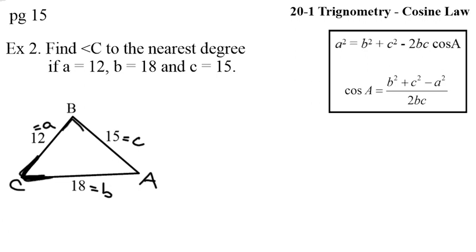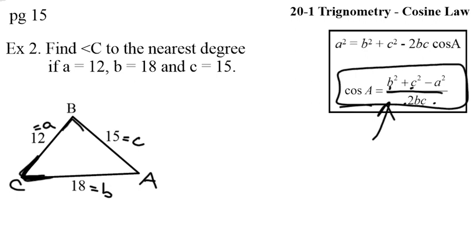Now again, trying to find an angle, we're going to the second formula. But I can't use the variables as it is, because if I plug in B squared plus C squared minus A squared over 2 times B times C, that's going to work for angle A. We're not trying to find angle A in this question. We're trying to find angle C. So again, we have to be careful with the labeling.